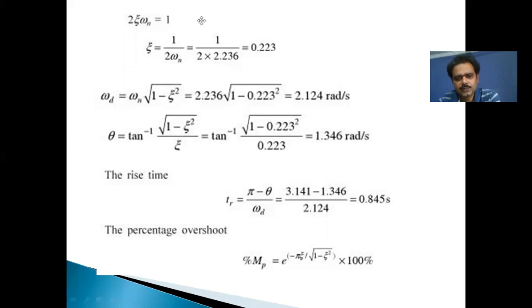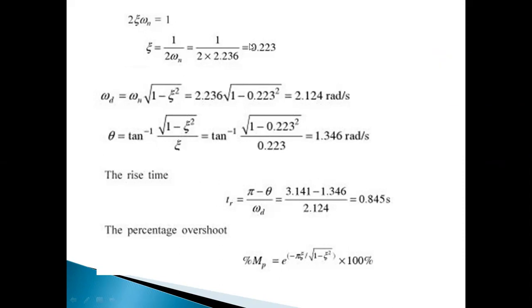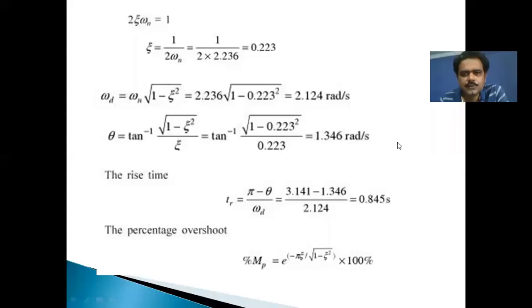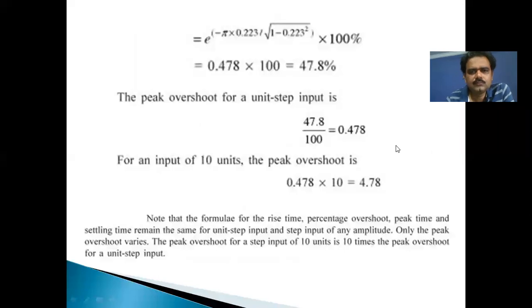Similarly, the percentage overshoot is equal to e to the power of, simply substitute the values. The percentage overshoot comes around 47.8%.